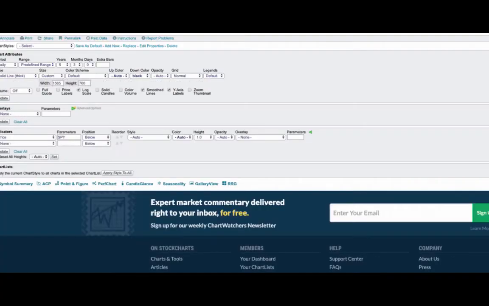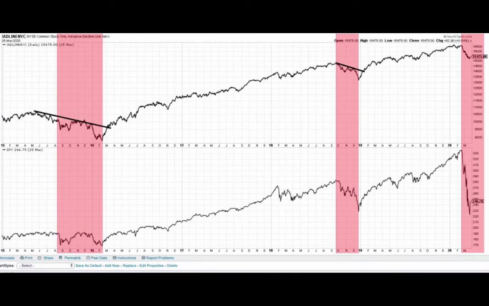And then I got one more for you. This is the advanced decline line. How many stocks are advancing? How many are declining in the New York Stock Exchange? This doesn't have quite the put in a horizontal line and have it break above or below. This is more of the above chart. This is the advanced decline line.